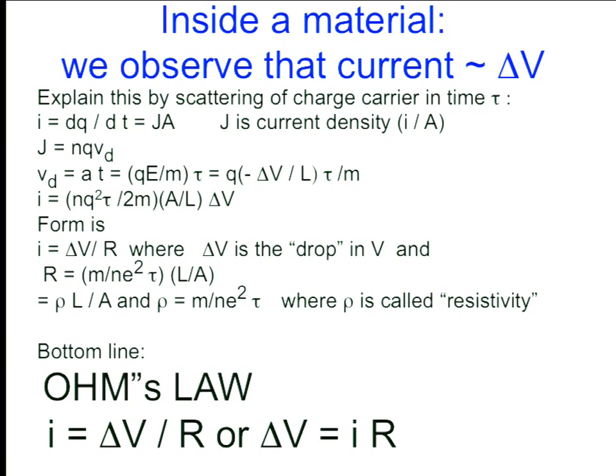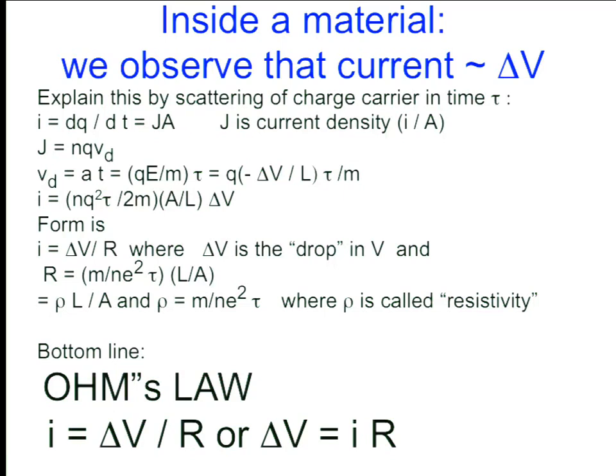If you go through this derivation, you'll end up with the law that the current will not be accelerating, but will just be proportional to the change in voltage, inversely as some constant R, so that if you have a given voltage and the resistance is high, the current will be low.